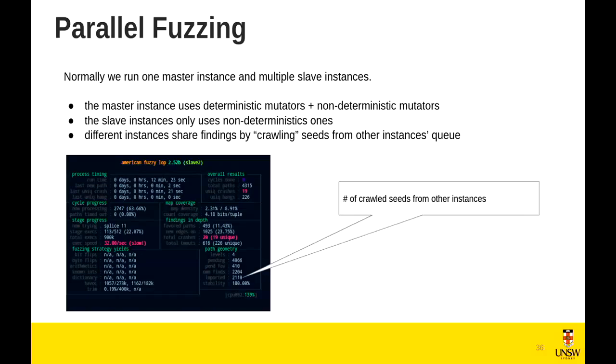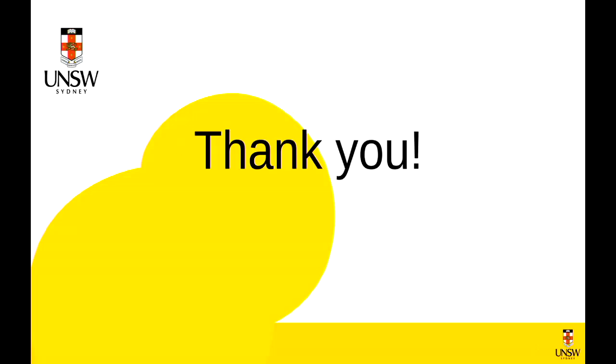As you can see from the UI here, you can see the imported count. This imported number means this slave has crawled 2,000 seeds from other instances of AFL. So this is how it runs in parallel and shares the information. And that's all for the lecture.